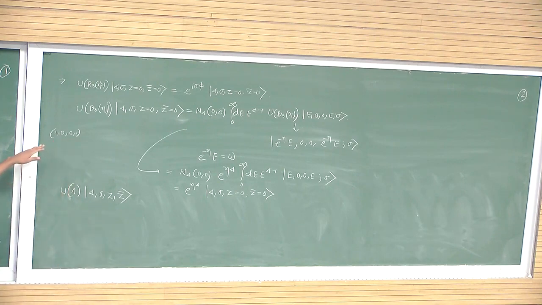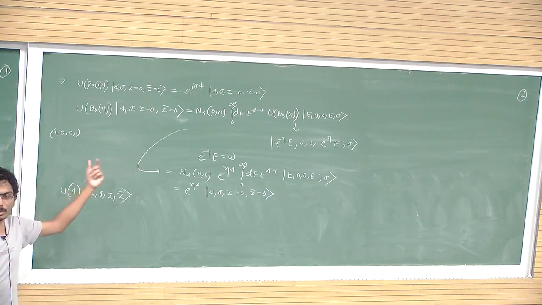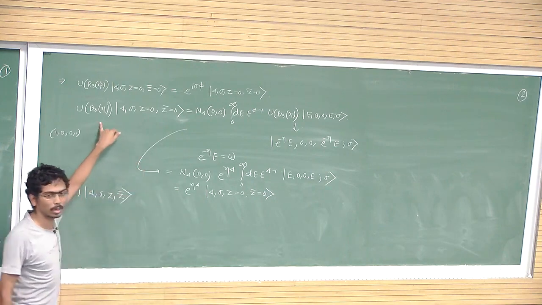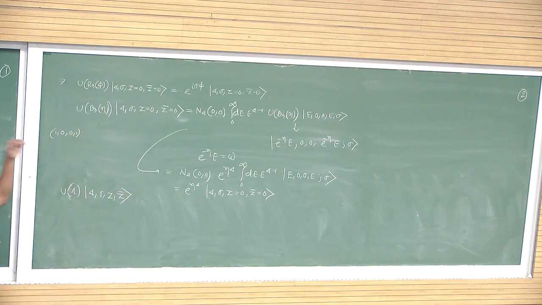Today I am allowing E to vary. That is why this boost in the third direction came into the picture, because that is telling only about the direction of the null momentum, and the magnitude does not matter.